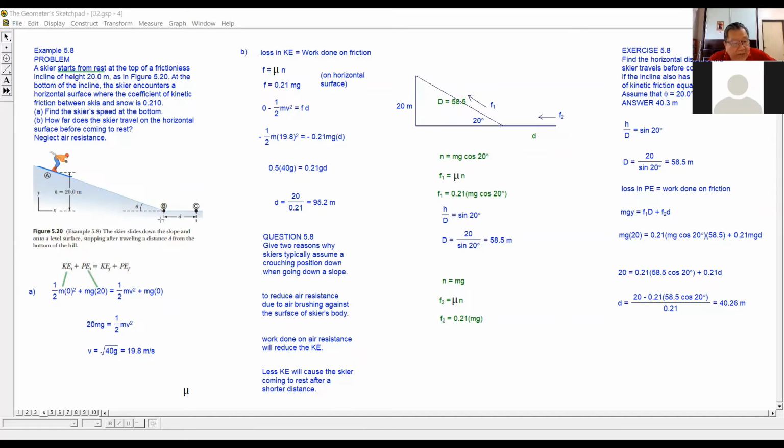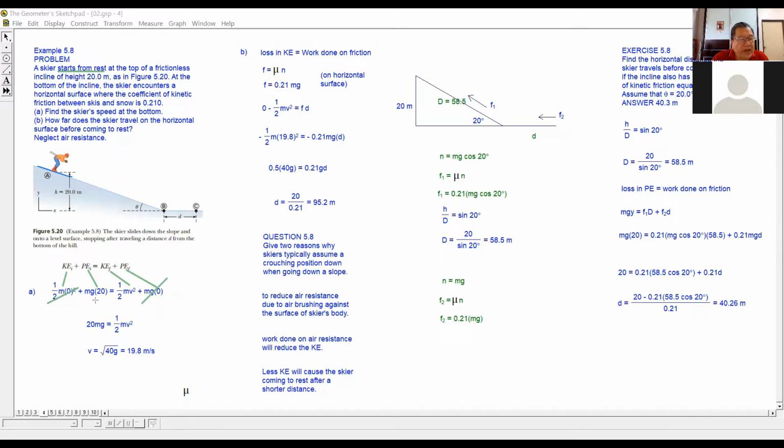Finally, at the bottom of the slope, the velocity is a certain v, which we don't know, and the potential energy is 0.